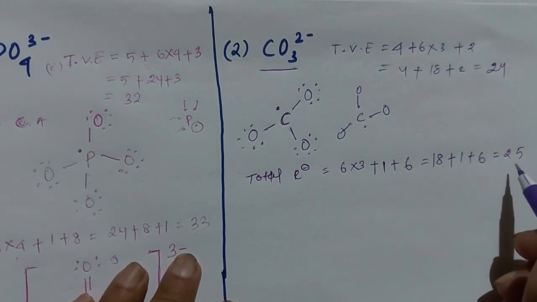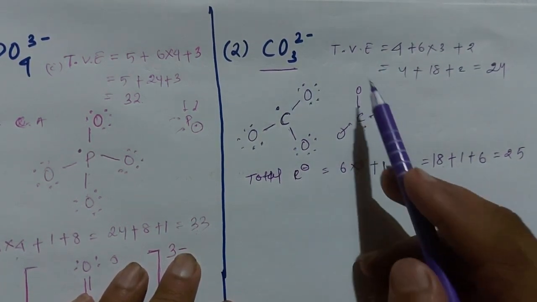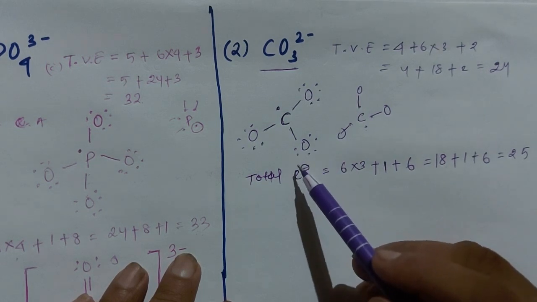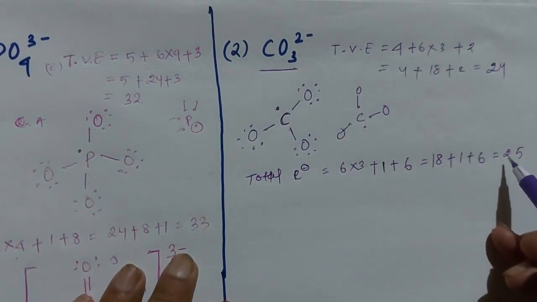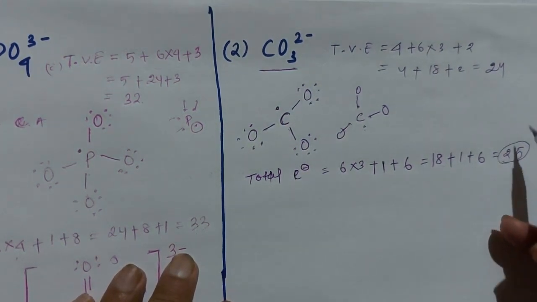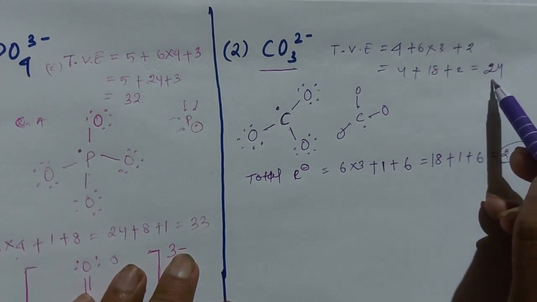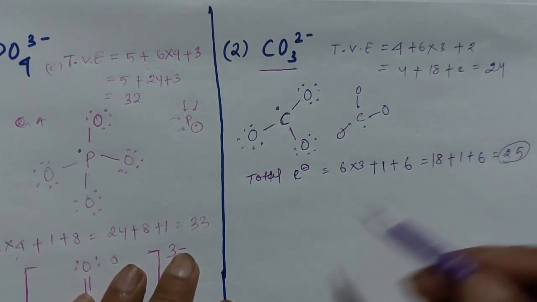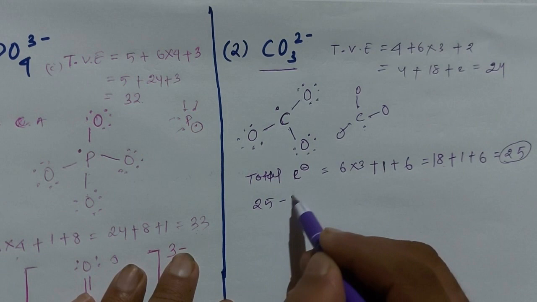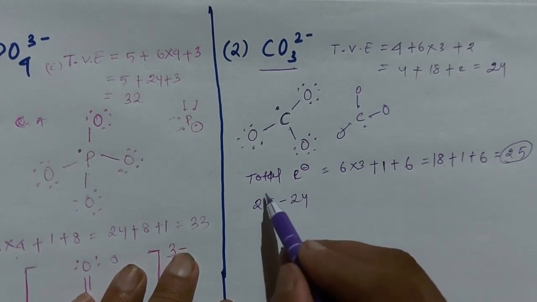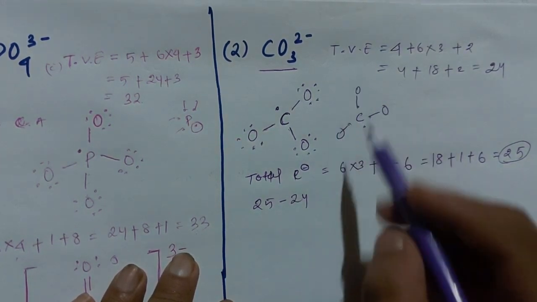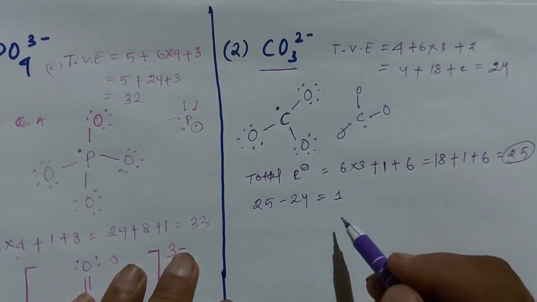Next, we compare this total electron count with the total valence electrons. The total electron count is 25 and the total valence electron count is 24. So we subtract, 25 minus 24, that is total electrons minus total valence electrons, that is 1.